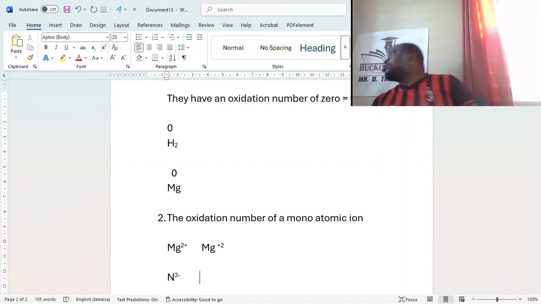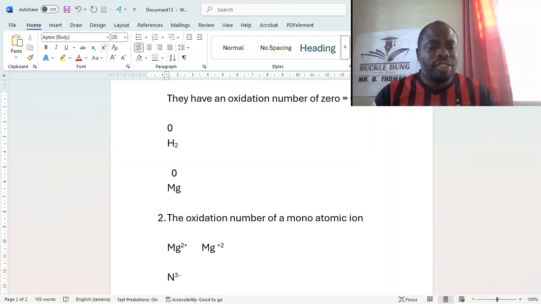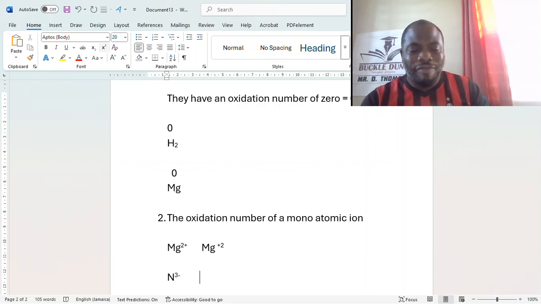And we can talk a little bit about this. It simply means that this nitrogen would have gained 3 electrons. So the opposite happened. So who can tell me what's the atomic number for nitrogen?